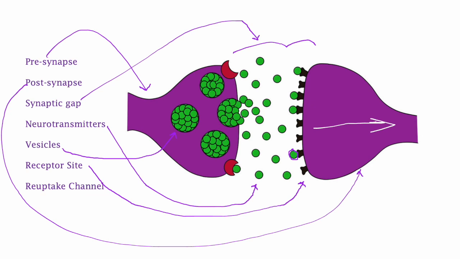Finally, you have the reuptake channel, which is situated on the presynapse, demonstrated here by the half moon, sort of maroon red figure.